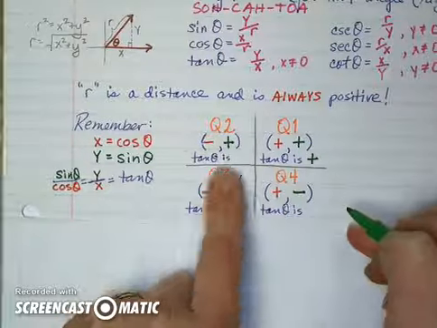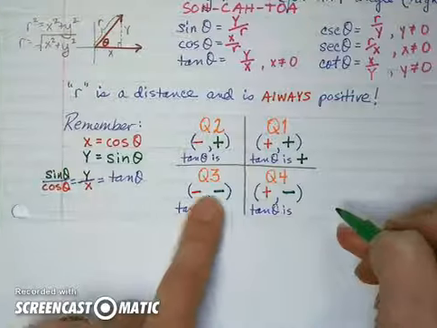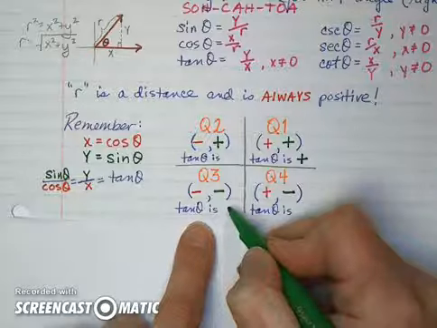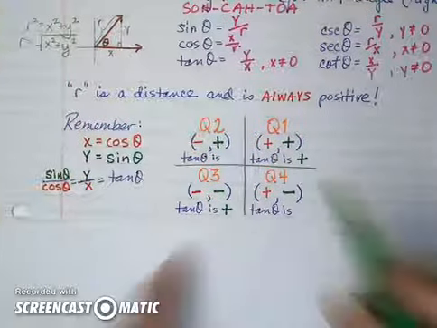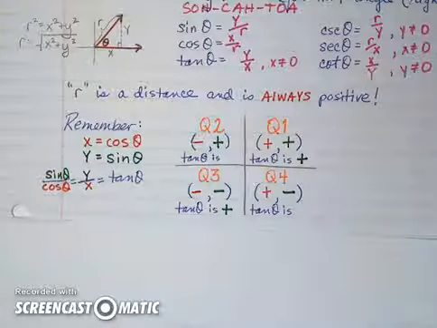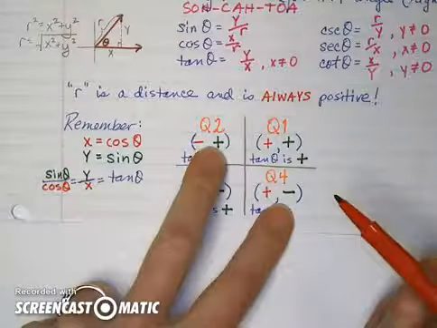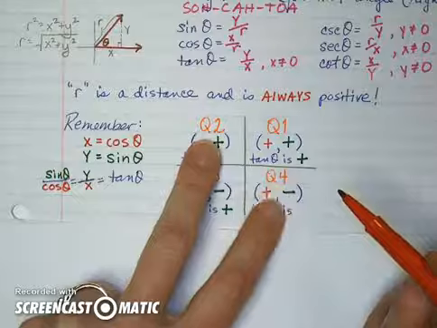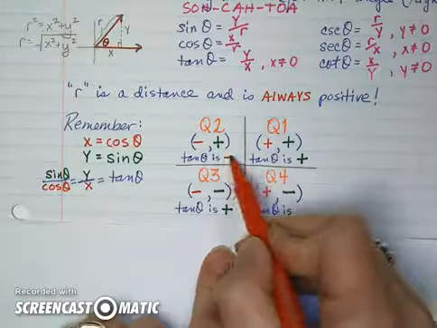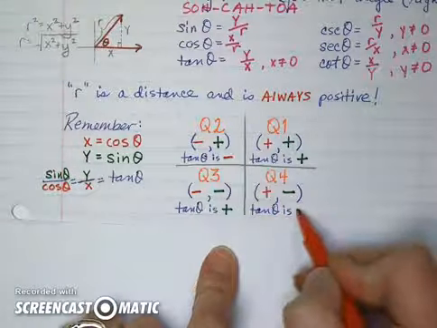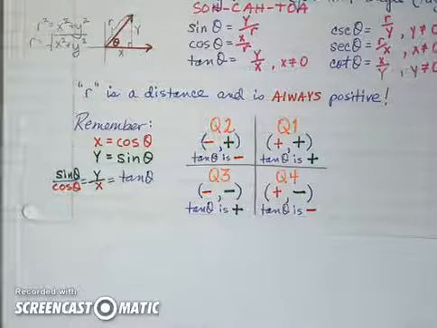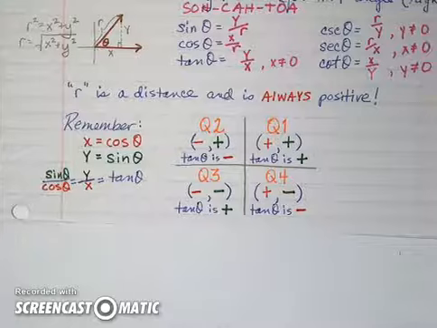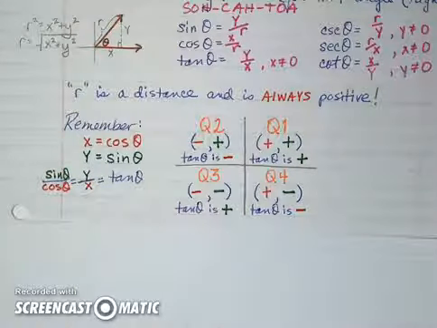Here, if I have a negative divided by negative, sine divided by cosine, I'm going to also have a positive. In quadrants 2 and 4, however, I'm going to have a positive divided by a negative or a negative divided by a positive, which will make my tangents negative. And that will be important to remember when that happens. So you'll need to get those in your mind as to what quadrant and what the signs are.